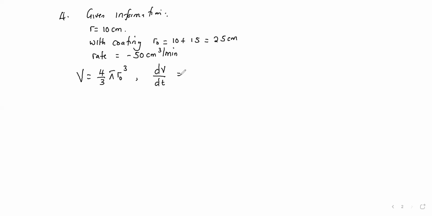So we get dV/dt, which is equal to 4/3 pi, and then 3 R naught squared, which is equal to 4 pi R naught squared. Since the 3's there are going to cancel, these will cancel like that. Okay, and then of course there's the dR naught/dt.